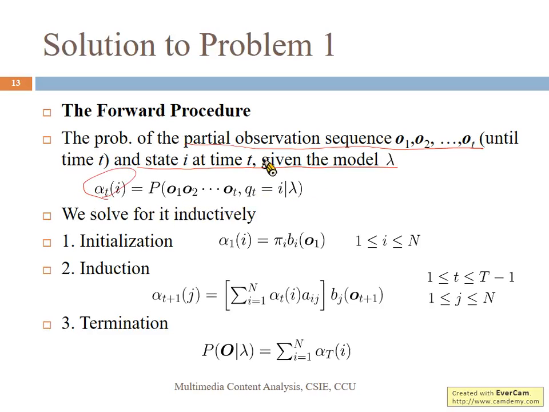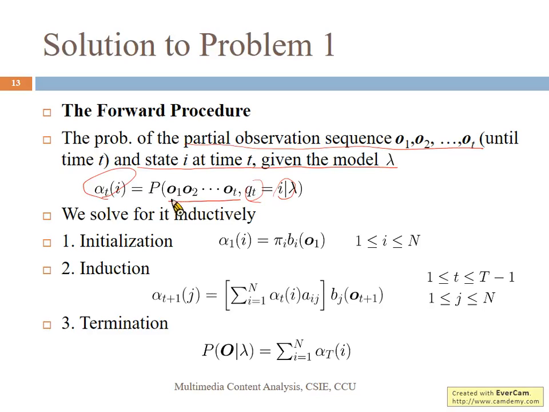Given the model, we care about the time instance t. Assume that at time instance t, the state is i, and from time instance 1 to t, we have observed O1 to Ot. So this is the partial observation sequence.